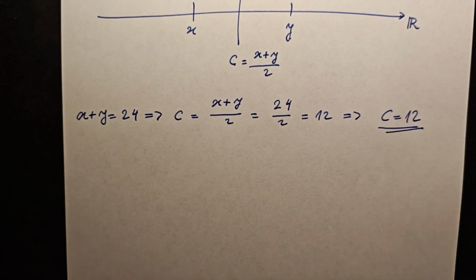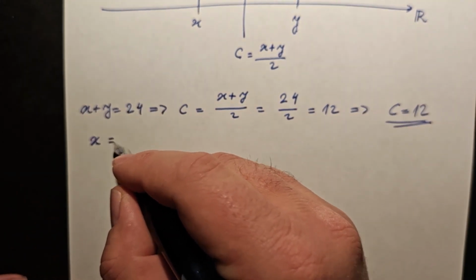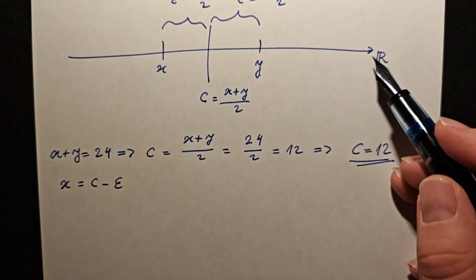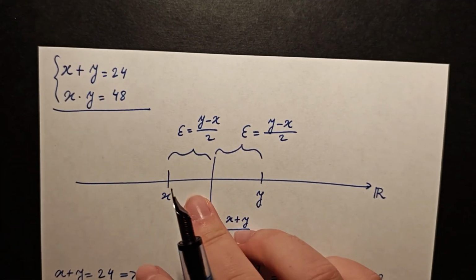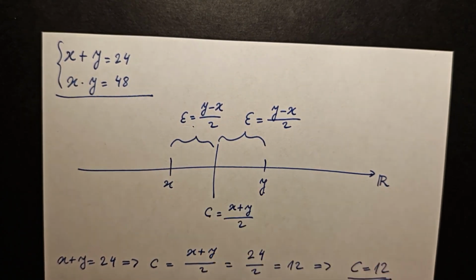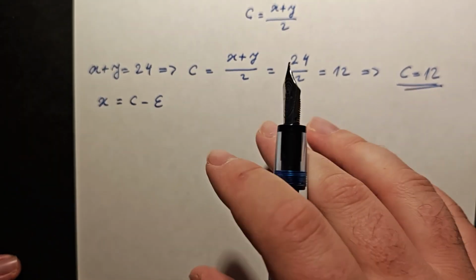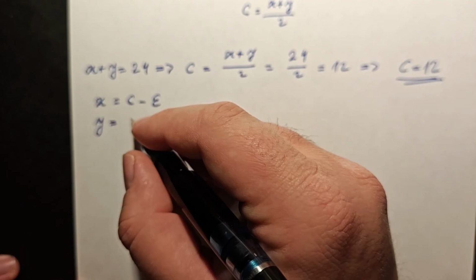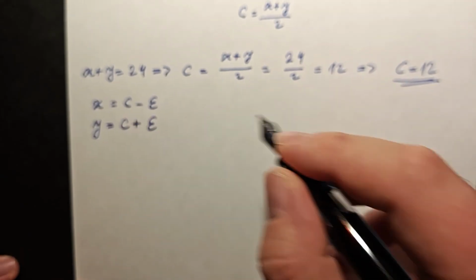Now we can write x as x is equal to c minus epsilon. Looking at this graphical representation here, from the dot x to the dot c, the distance is epsilon. The same approach we are going to use and write number y as c plus epsilon.